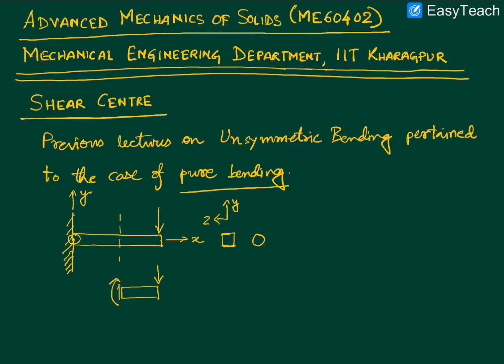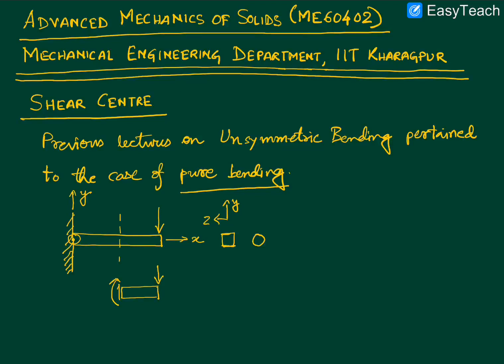Or in general, as we had been discussing during unsymmetrical bending, it could take any arbitrary cross section. Now, what is very important to understand is that this transversely oriented force that we are considering here, in this particular orientation of the YZ plane, it may not look necessarily vertically downward, as we had talked about in unsymmetrical bending.